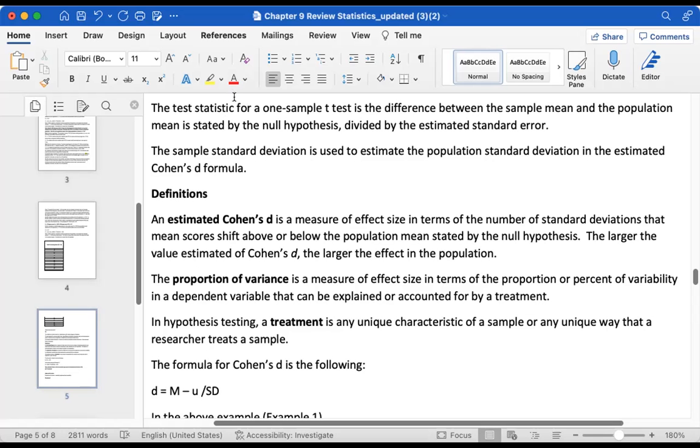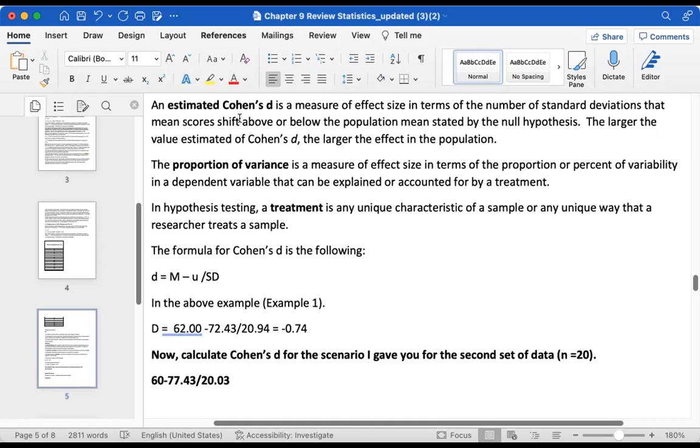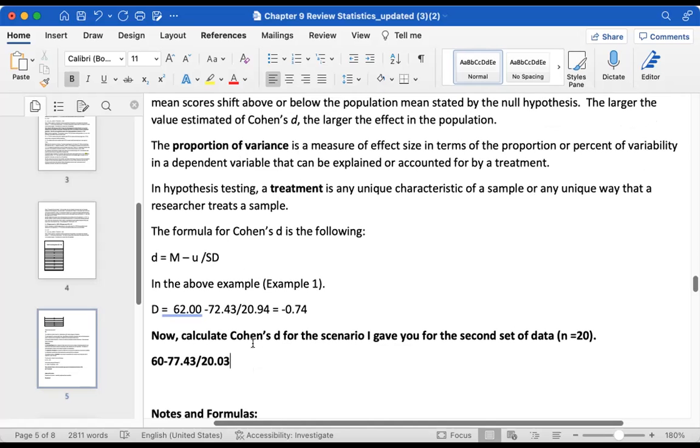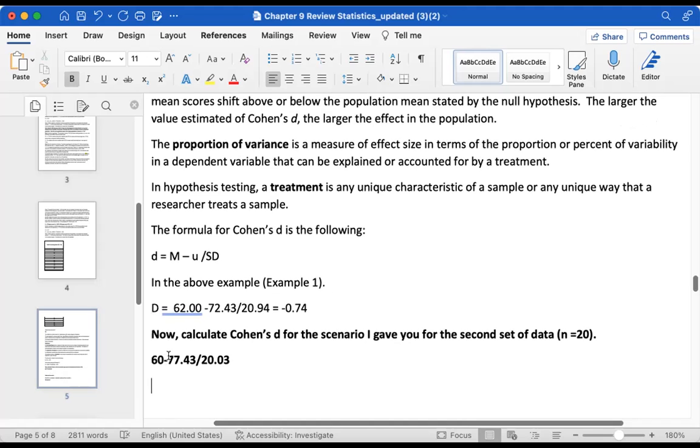Do you want to do the math, or did you do the math? I think I did it. 60 minus 77.43 divided by 20.03. What number do you get? Did you say 60 divided by? 60 minus 77.43 divided by 20.03. You want to make sure that you do the numerator first.